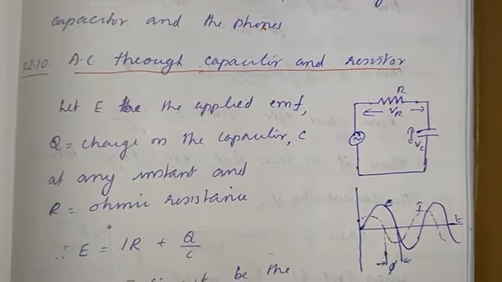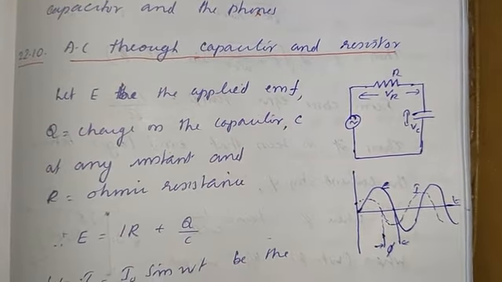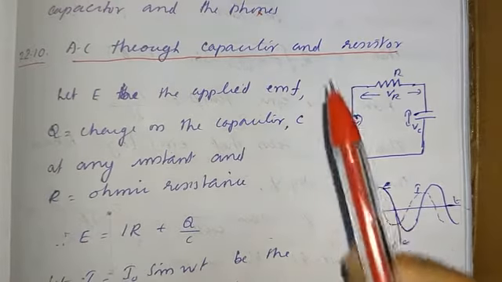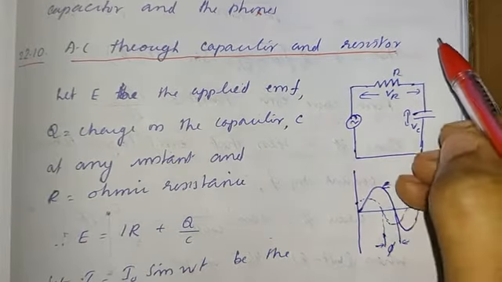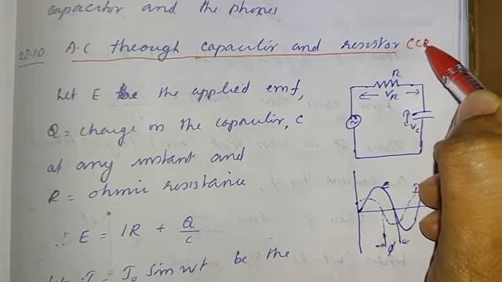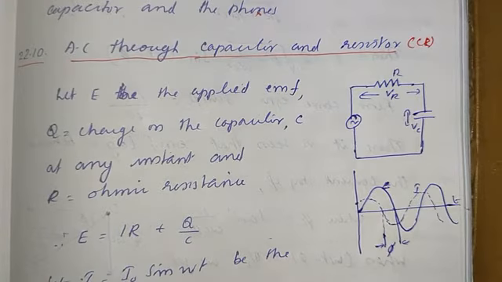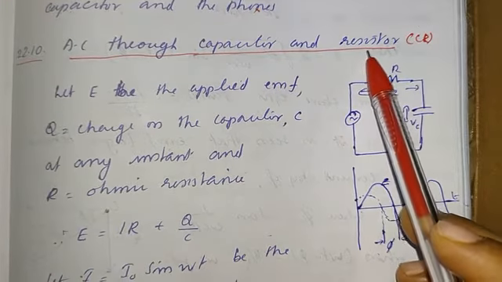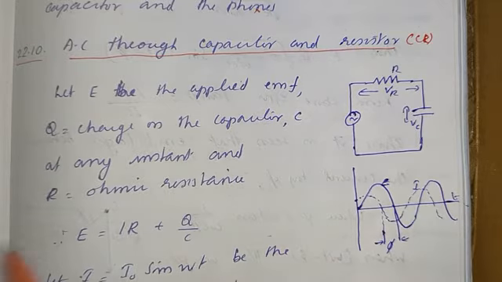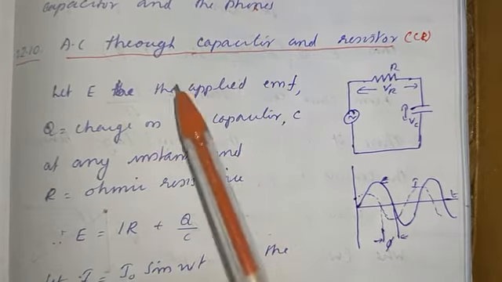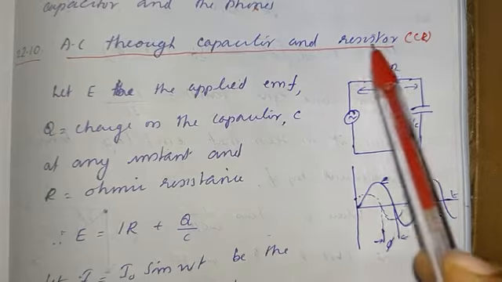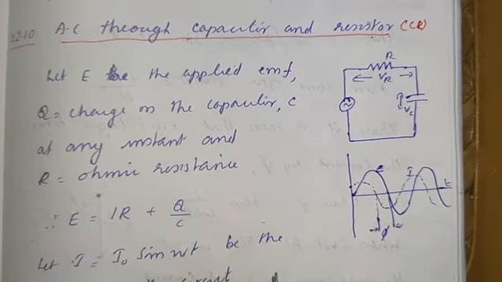Now we will discuss AC through the combination of capacitor and resistor, that is, a CR circuit. We have already discussed the AC through the resistor and now the AC through the capacitor. Now we will discuss AC through the combination of this capacitor and resistor.